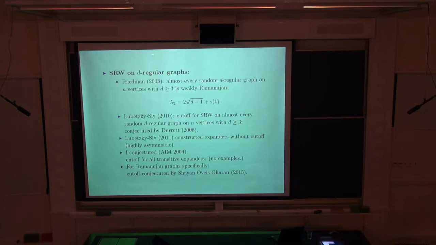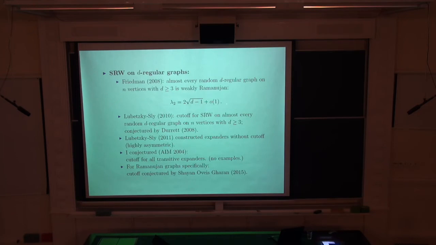Okay, so some more information on simple random walk on these d-regular graphs, in particular expanders. Friedman in 2008 proved the conjecture of Noga Alon from around 1990 that almost every random d-regular graph is weakly Ramanujan, which means lambda 2 is 2 root d minus 1 up to a small error.